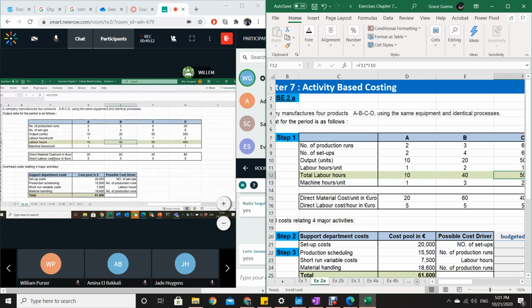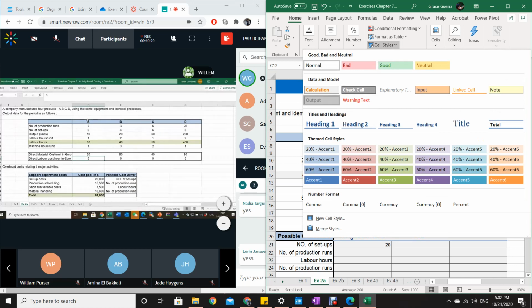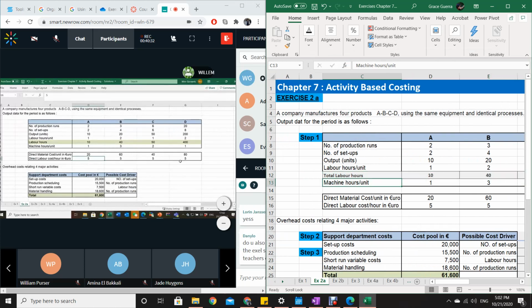The same here. When you have €5 cost per hour, can somebody tell me what the direct labor cost is for one product of product A? And the labor cost is always the same. What is the direct labor cost of product A? €50 for one product.